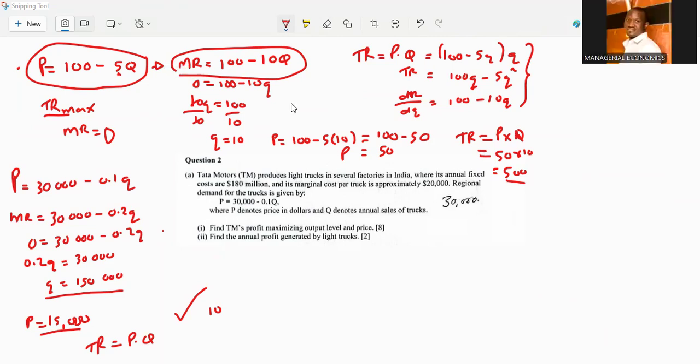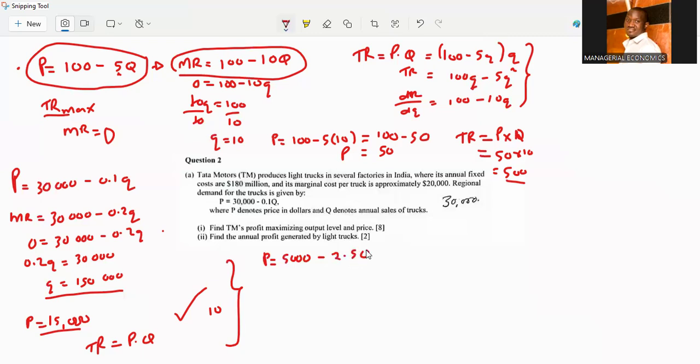All right. So this is on revenue maximization. Before I go to profit maximization, I wanted you to try something on your own together. So suppose we have our P is equal to 5,000 minus 2.5Q.